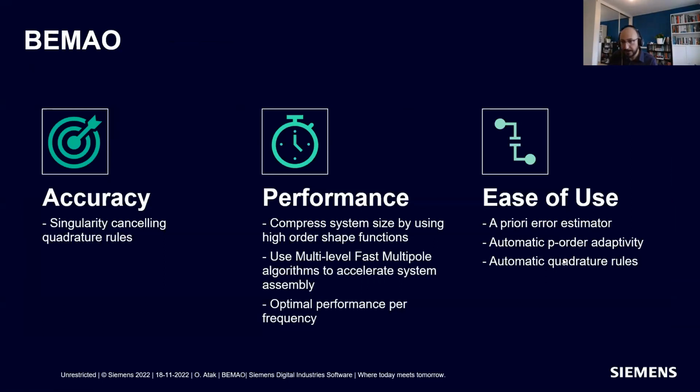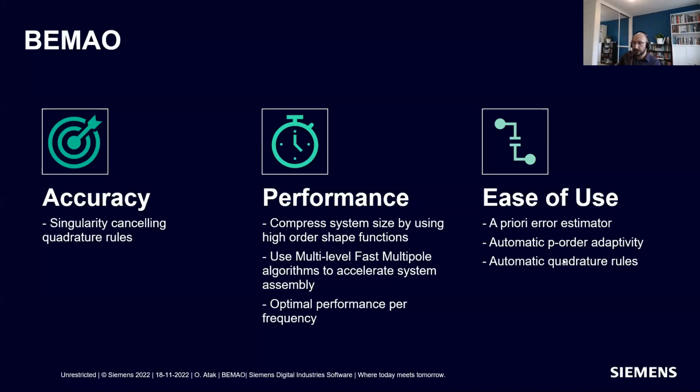All right, so BEMAO as a solver, again, we aim for accuracy, and for that we use singularity canceling quadrature rules. We aim for performance. We are compressing the system size using high-order shape functions. We are using the fast multipole method to accelerate our assembly, and we are aiming for optimal performance per frequency.